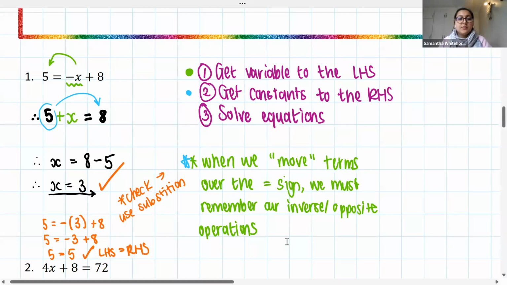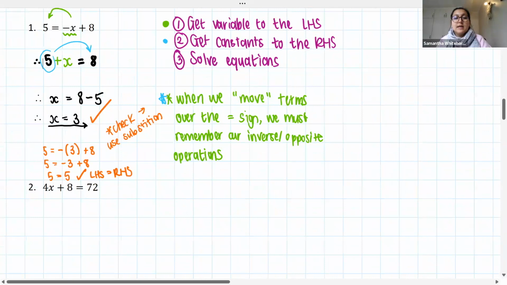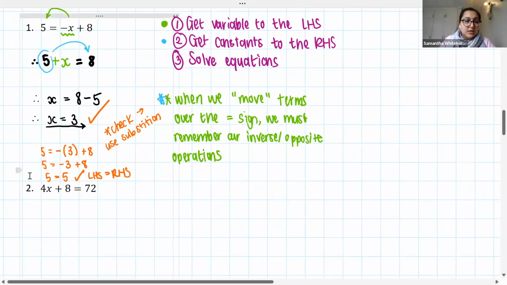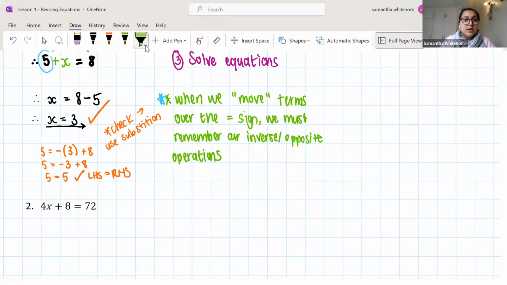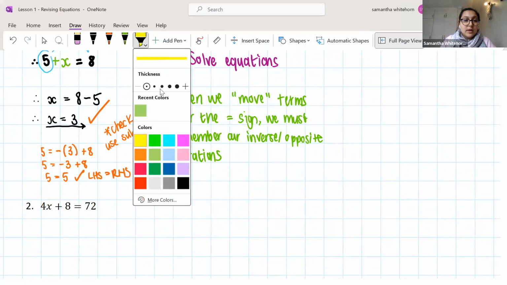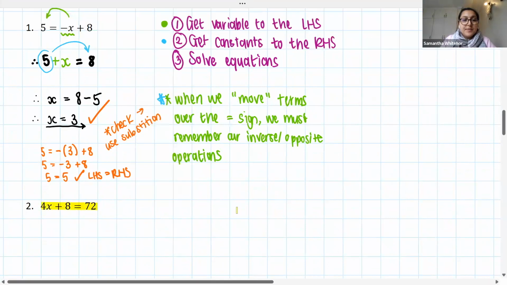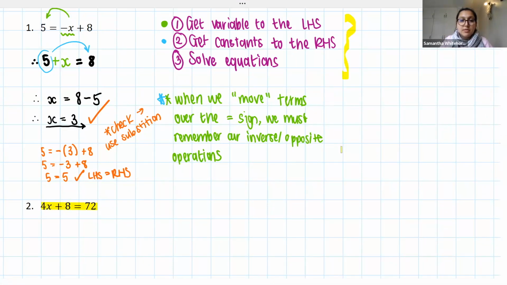Now we have done this before, so what I want you to try is the second question over here. I'm just going to move it down a bit. Our second question here is 4x plus 8 equals 72. Again, we have done equations, so I have full confidence in all of you that you can do this. Give it a try. Remember your 3 steps. Remember your inverse operations.